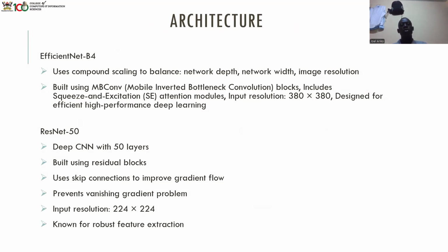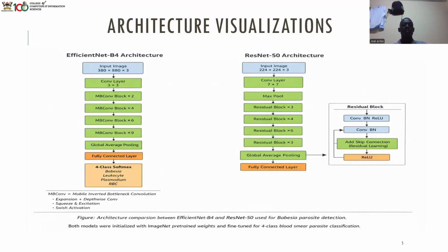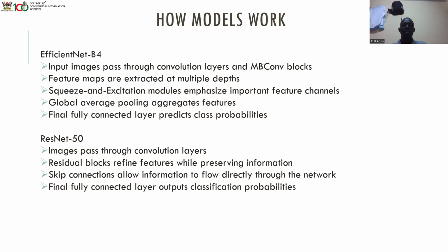The input resolution I used was 224 by 224 for ResNet, while for the EfficientNet I used 380 by 380. This is the visualization of each architecture, where the input images pass through different layers until they form a fully connected layer, which helps to predict class probabilities.